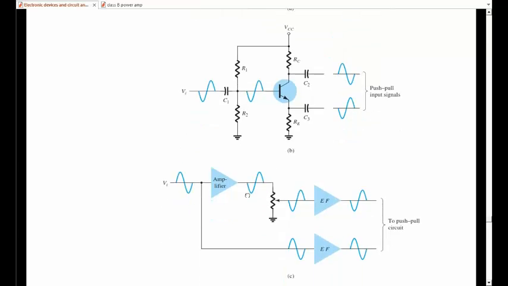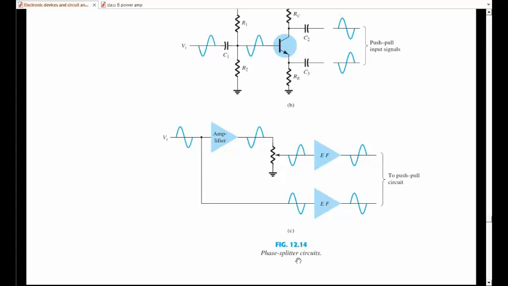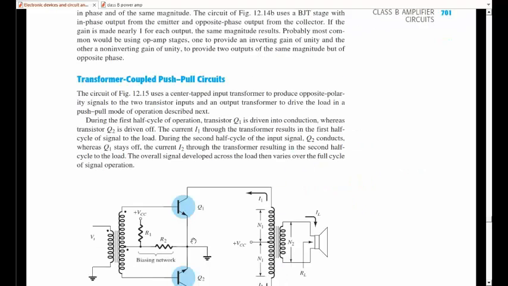Or you can use inverting amplifiers like this. This is an amplifier which inverts the signal, and then one signal would be inverted and the other one would pass as it is from the emitter follower circuit. So these are the phase splitter circuits.